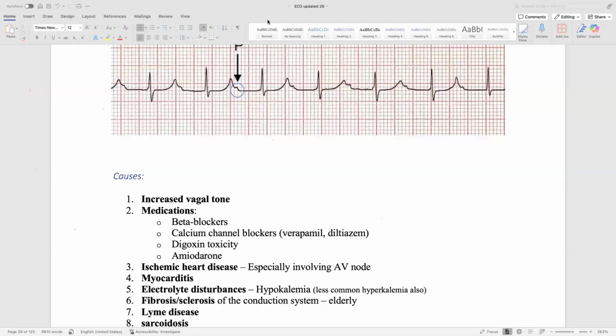All right, what are the causes? Any cause that delays the conduction inside the AV node can lead to first degree heart block. Any defect in the AV node that slows the conduction will lead to, no? First degree. What are the causes? The AV node is supplied negatively by the vagus nerve and positively by the sympathetic nerve.